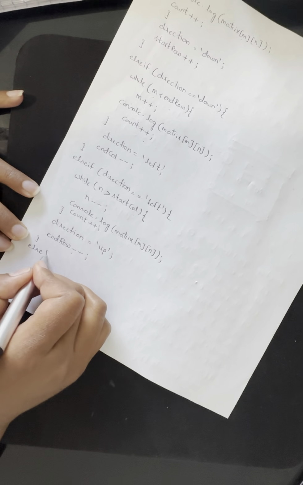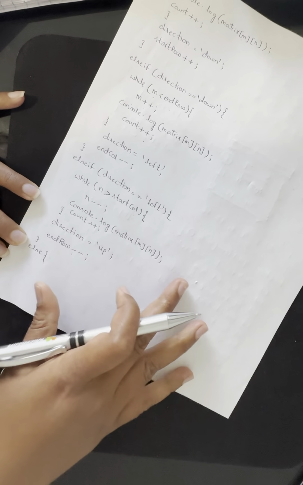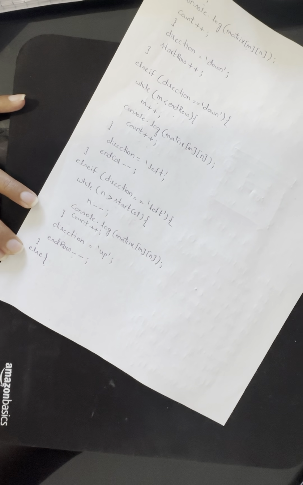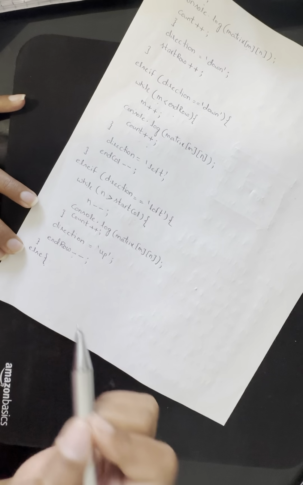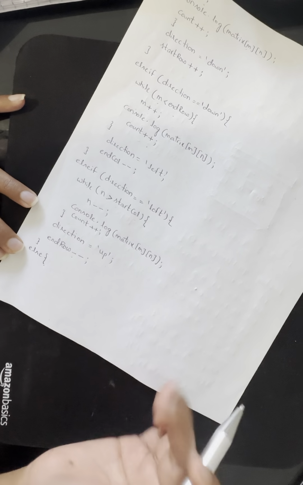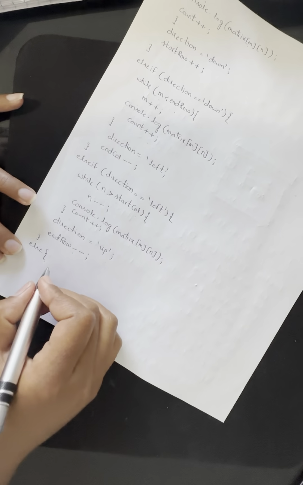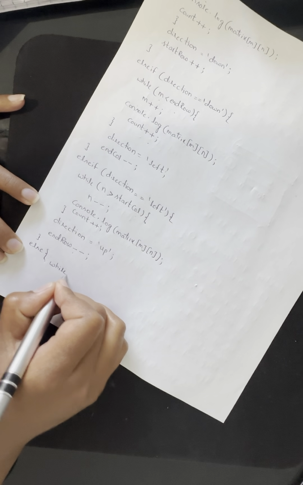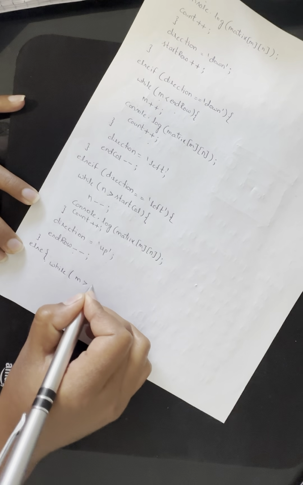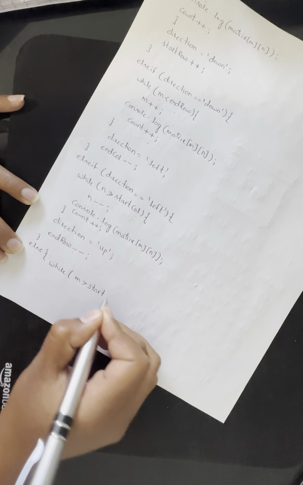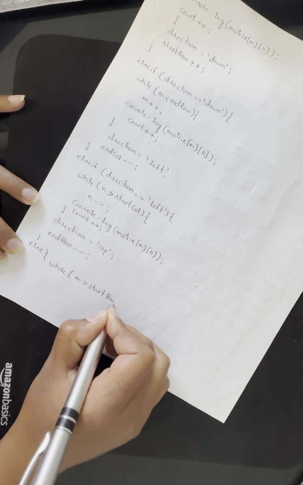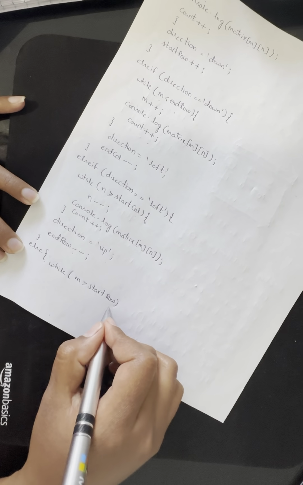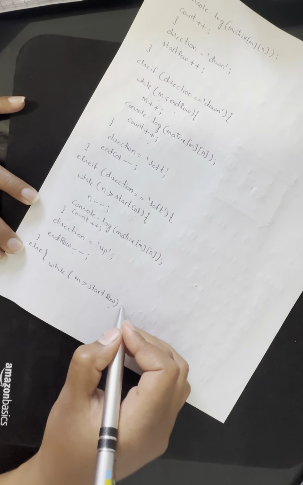Else, so if the direction is not right, down or left, it will be up. Then we'll be doing a while loop where we'll check m greater than start row. So we will do this until we reach the first row.